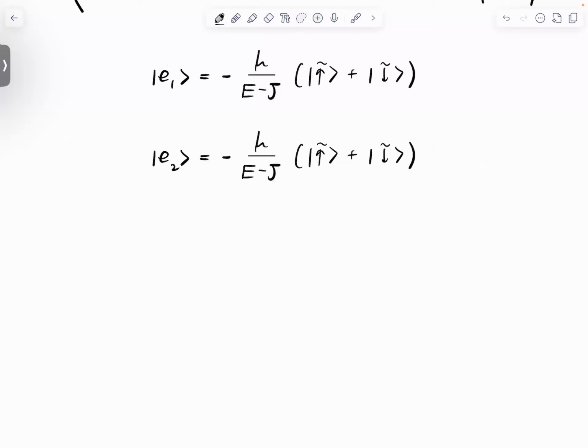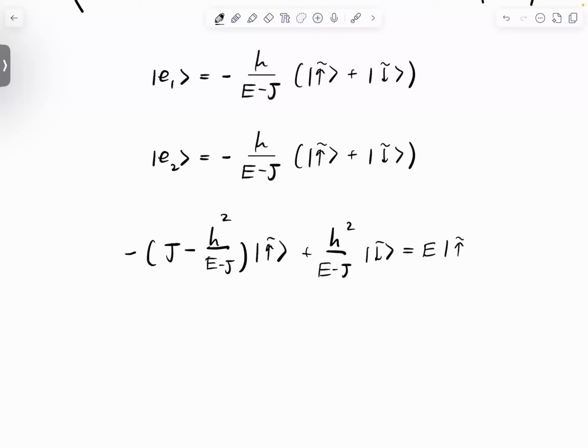Now I plug these equations into the first two rows, and I get minus J minus H squared divided by E minus J times up tilde plus H squared over E minus J down tilde, which is equal to E up tilde.